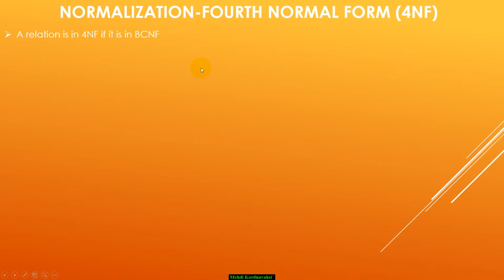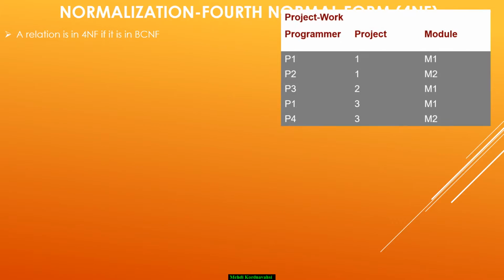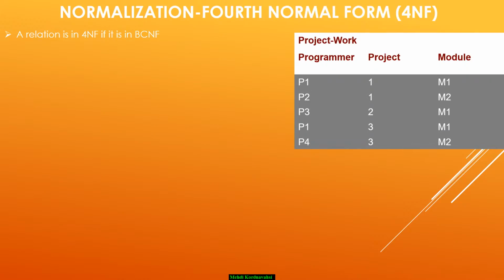A relation is in 4NF if it is in BCNF, and for all multi-valued dependencies, or MVD, of the form X to Y, either XY is a trivial MVD, or multi-valued dependency, or X is a superkey of the relation.